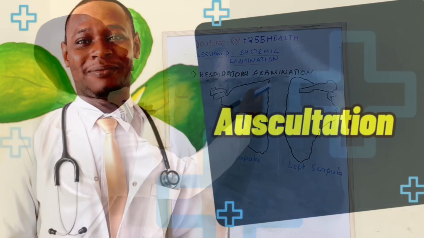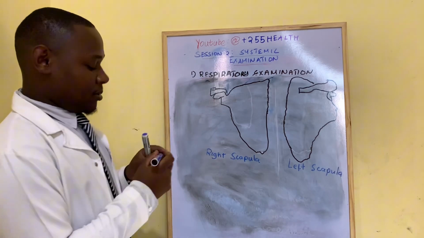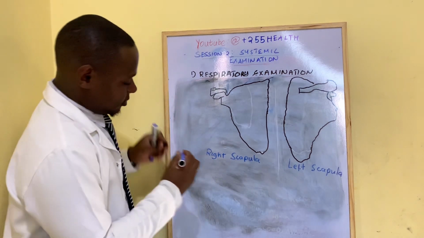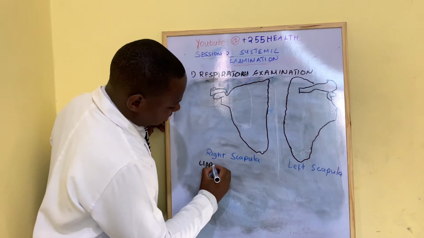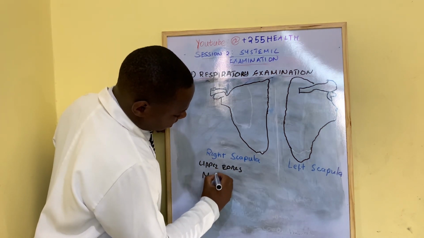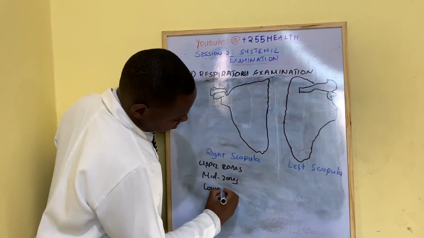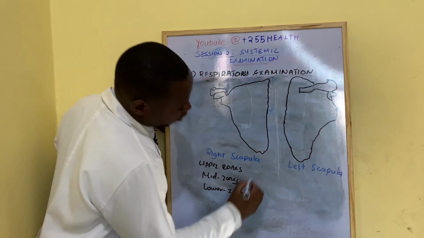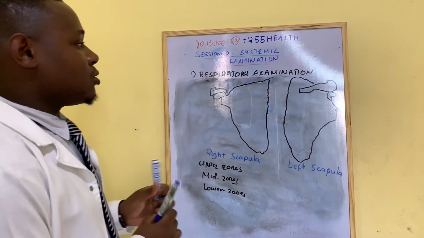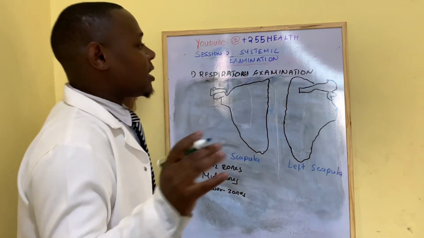I've just drawn something here, which is a representation of the scapula, where we tend to auscultate the upper zones of the lungs, the mid zones, and the lower zones. I've drawn this as a rough sketch, which will guide us through where we're supposed to auscultate. We're going to use the diaphragm part of the stethoscope.